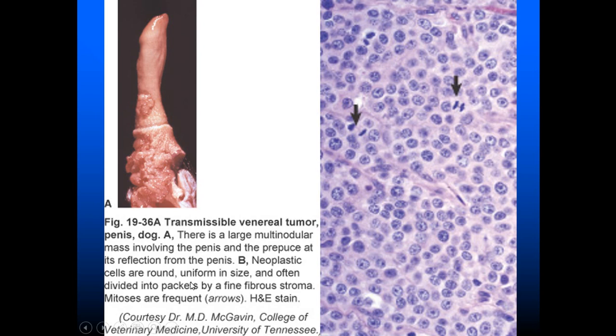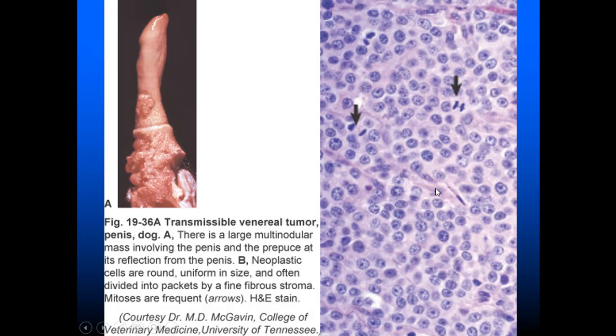Okay, this is a multinodular tumor here. If we see it in histopathology, the tumor size is quite large. The tumor cells are round. We can find that the borders between tumor cells are not distinct.